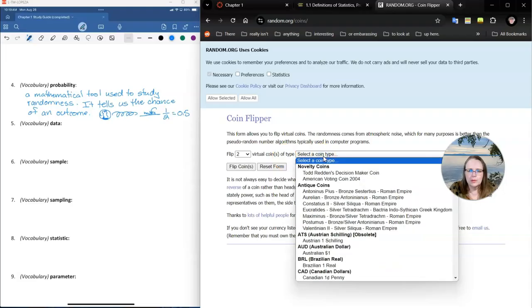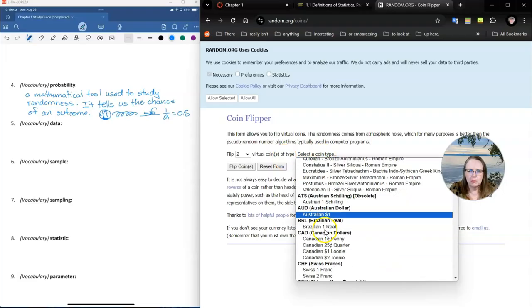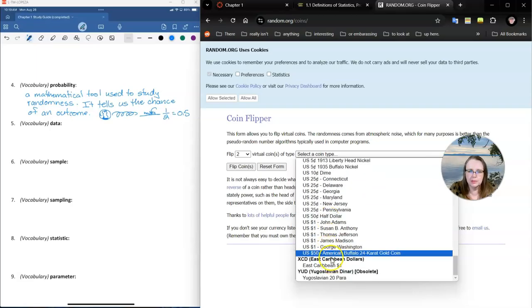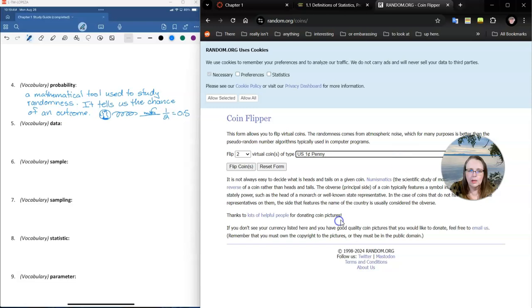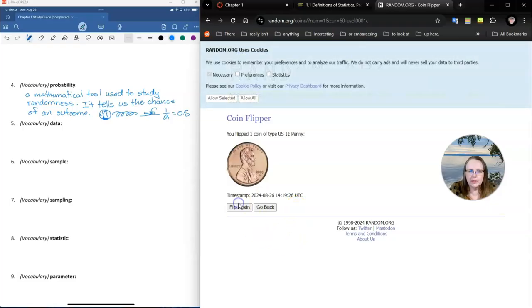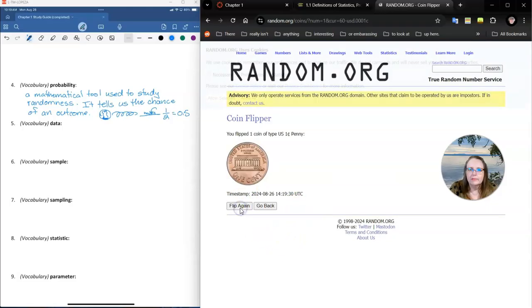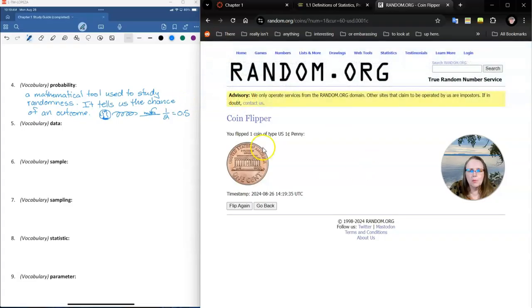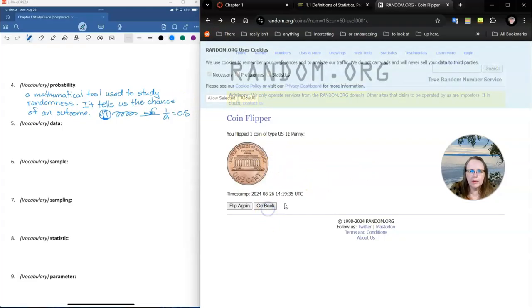So let's flip a US penny, and I'm going to flip one of them. And if I flip it, I could keep track of what's happening. I'm getting heads, I'm getting tails.